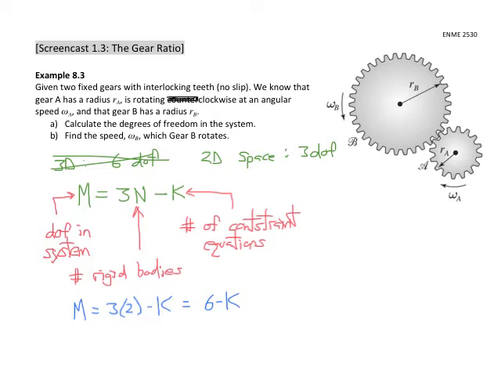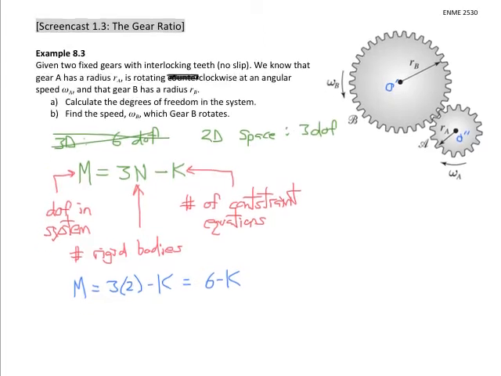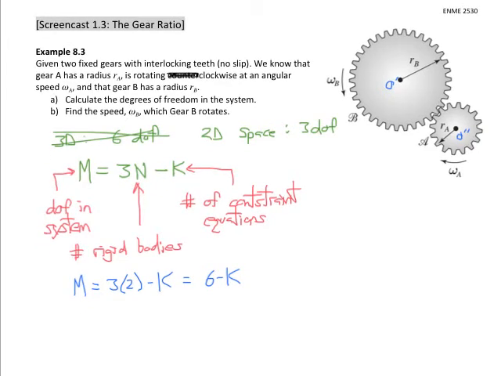One of the first things that we read in the problem is that these are 2 fixed gears. So it means that the origin of gear B and the origin of gear A are fixed. They're not moving, so we know the velocities of those points. We'll call these O prime and O double prime for the origins of those gears. And then we come up with 2 vector constraint equations, which are 4 scalar equations.